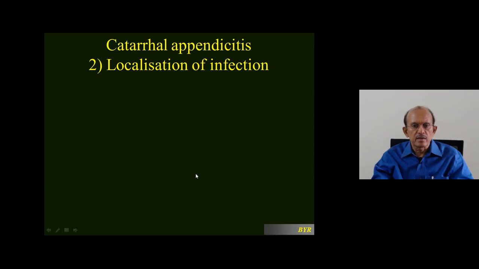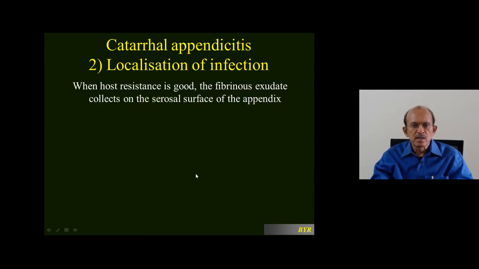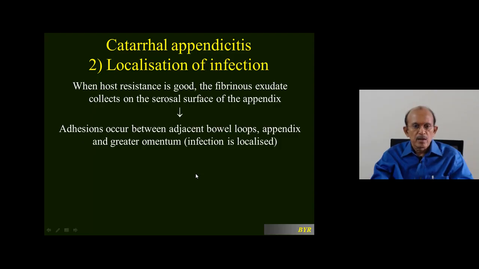Localization of the infection. When host resistance is good, the fibrinous exudate collects on the serous surface of the appendix. Because there is fibrinous exudate, it will cause gluing of the adjacent bowels to the appendix, and the greater omentum also gets glued there.